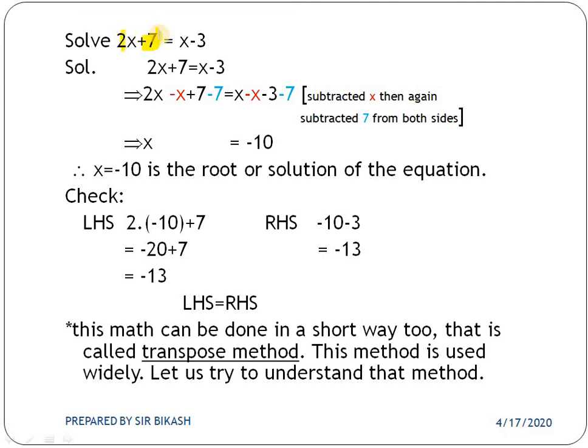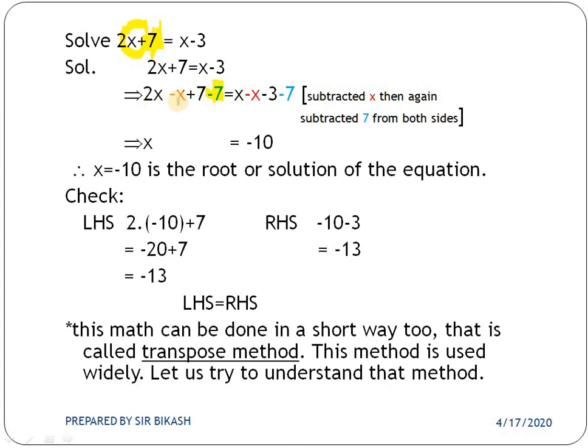So on the left hand side we will have only x. How to eliminate this 7? It is plus 7, so what will we do? Minus 7. Since there is plus 7, we will minus 7.